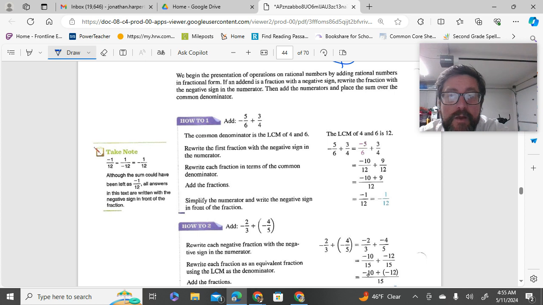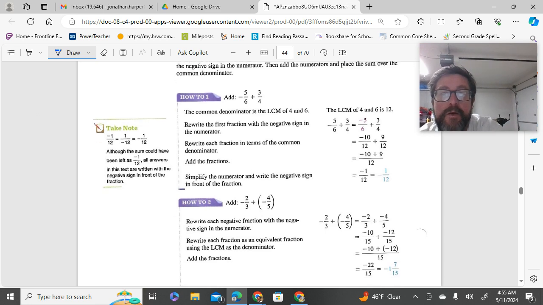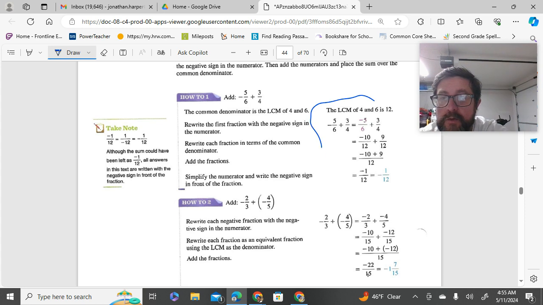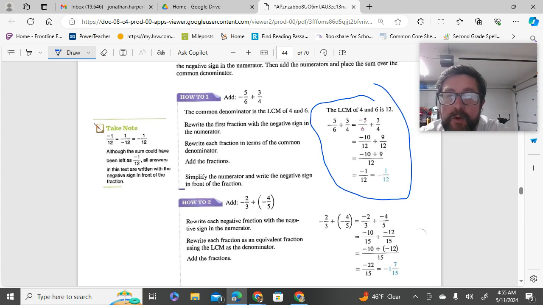Okay, so we have negative 5/6 plus 3/4. Now we have to make the 6 and the 4 into the same number. So we're going to go down here and look for the least common multiple. So 6 and 4 will both go into 12.